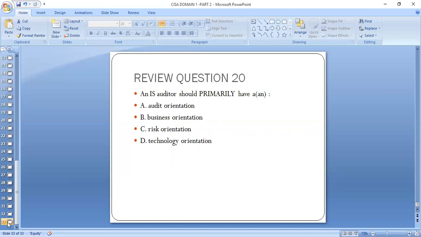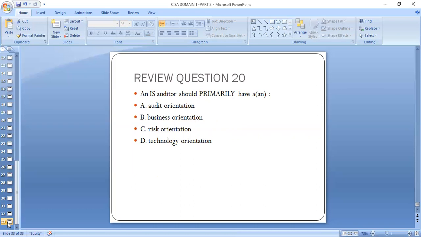The audit process is part of the business processes, all right? The organization you are working for, either in the private sector or the public sector, has a business objective. So your job as an auditor is actually to ensure that your organization achieves its objectives.